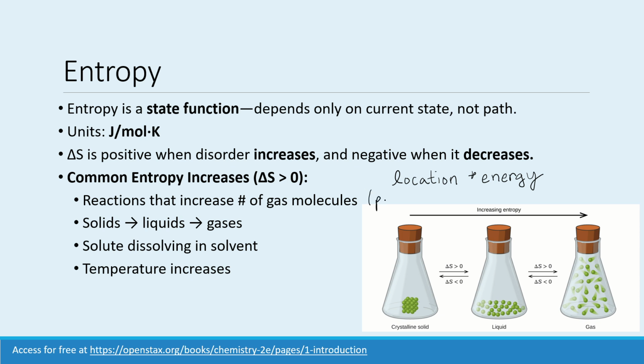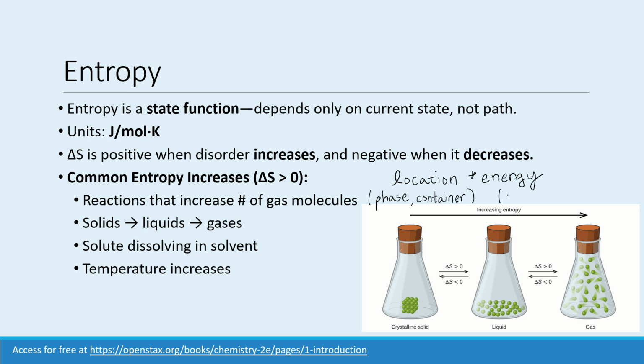So location, we could change that based on the phase, or of course based on the container that it's in. If we're talking about a gas and we increase the container, like we saw with those two containers that were separated by that valve, and we open up that valve, then we have an increase in the location of our microstates as well, or an increase in the number of boxes.